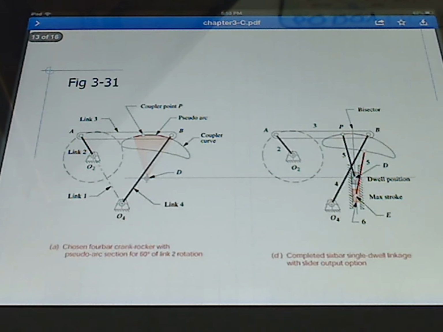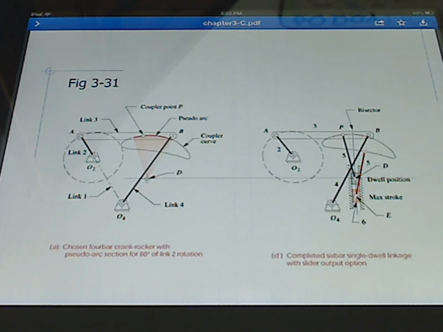Here we have the beginnings of a single dwell linkage. When they say use a 4-bar with a suitable coupler curve, by that we mean a coupler curve that has an approximate arc in it.